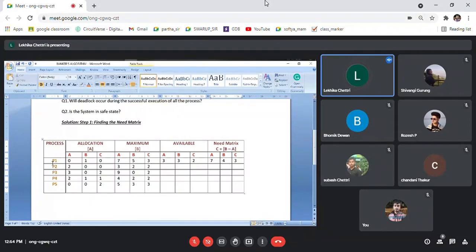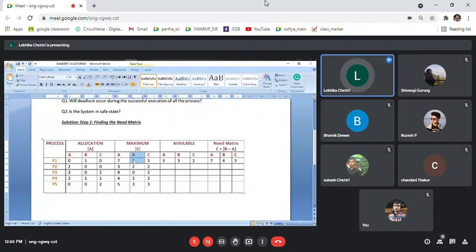That means P1 had 0 copies of A, 1 copy of B, and 0 copies of C, and for it to complete its task it needed 7 of A. It had none, so 7 minus 0, it still needs 7 instances of A. P1 holds 1 copy of B, but the maximum it needed to complete its task was 5.